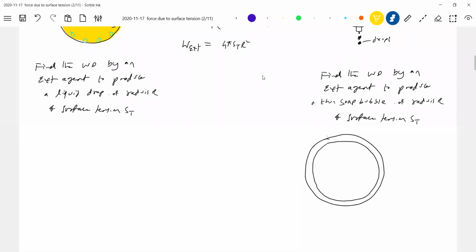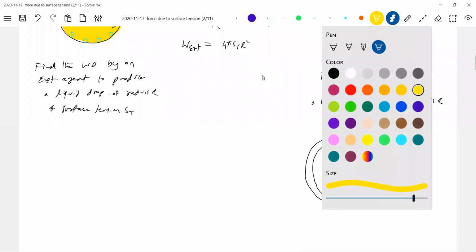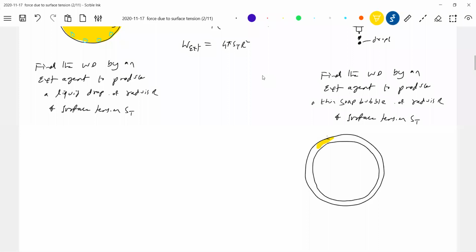Now, where will the soap film be? Only inside, what will be there? Air. This will be the soap film. Yellow color everywhere, I'm taking the soap film. Later on, I'll change it to blue color when we go for other numericals.